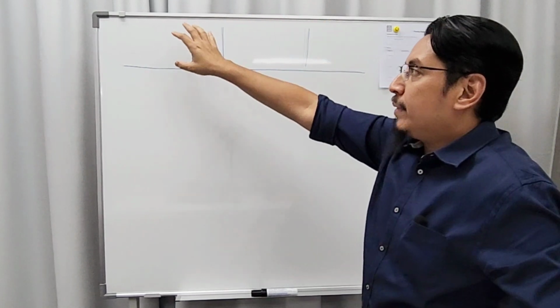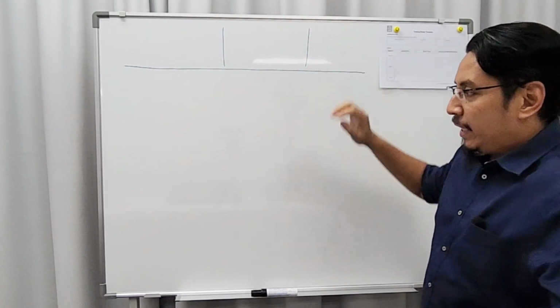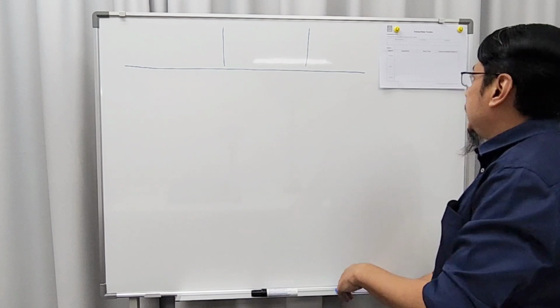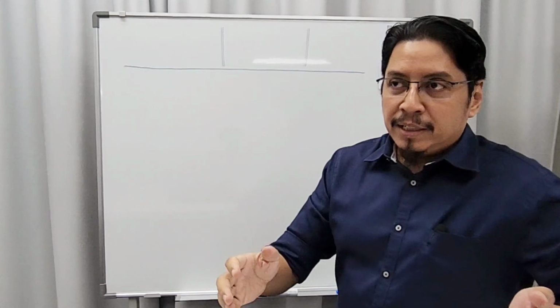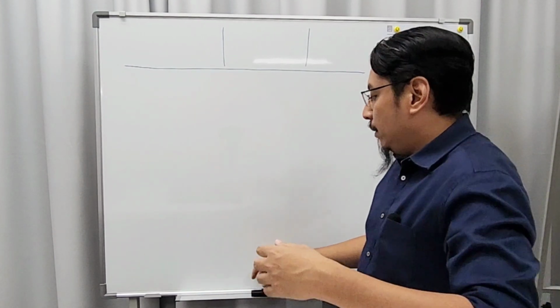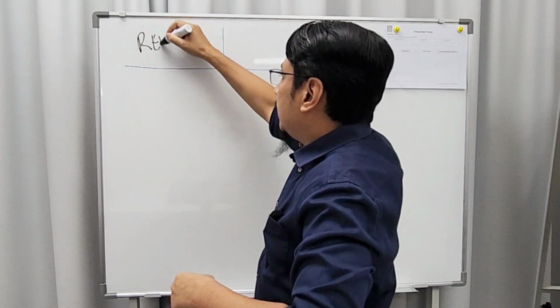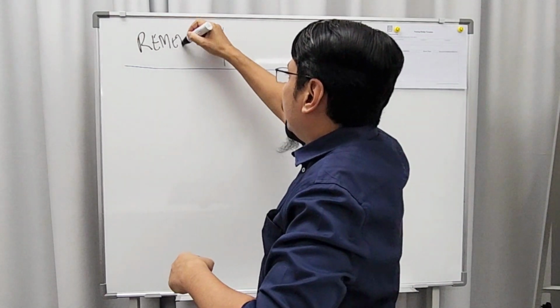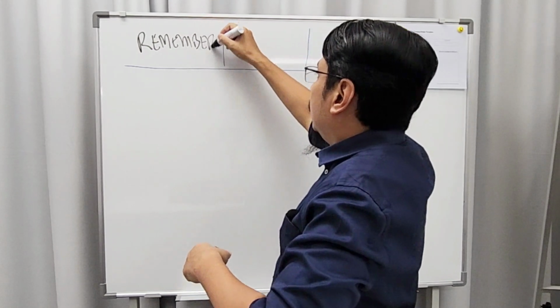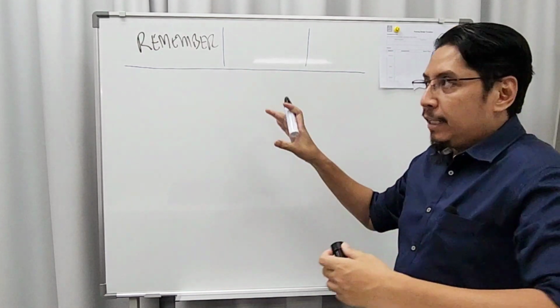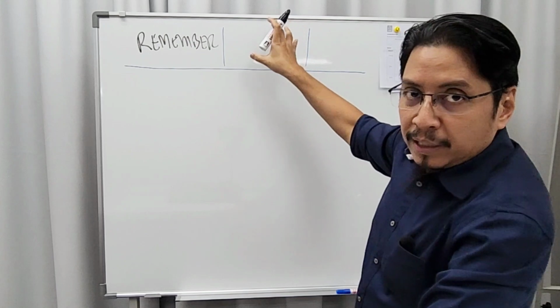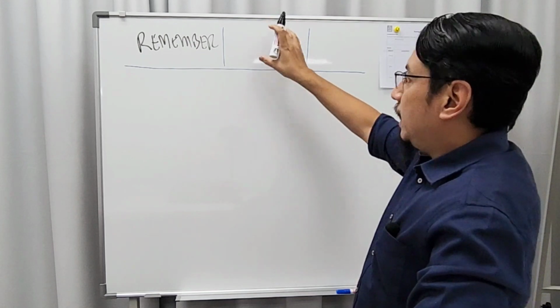If I were to put a goal, an objective, by the end of the training session, participants need to do what? Let's say, for example, they need to remember. So the keyword here is remember. What is it that they are required to remember? This is the condition.